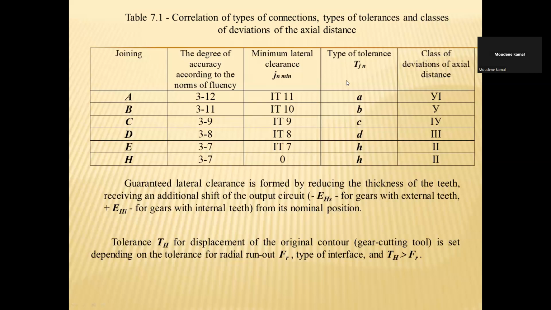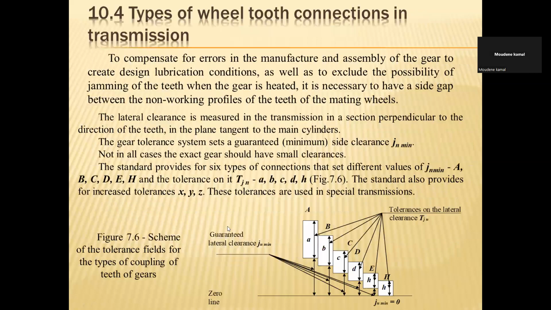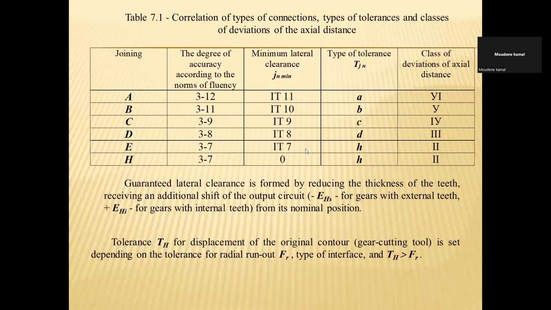Tolerance T_H for displacement of the original contour of the gear cutting tool is set depending on the tolerance for radial runout F_r and the type of interface, and T_H is more than F_r.